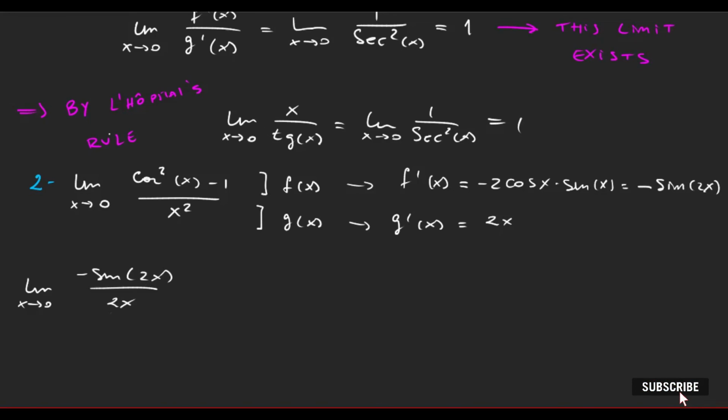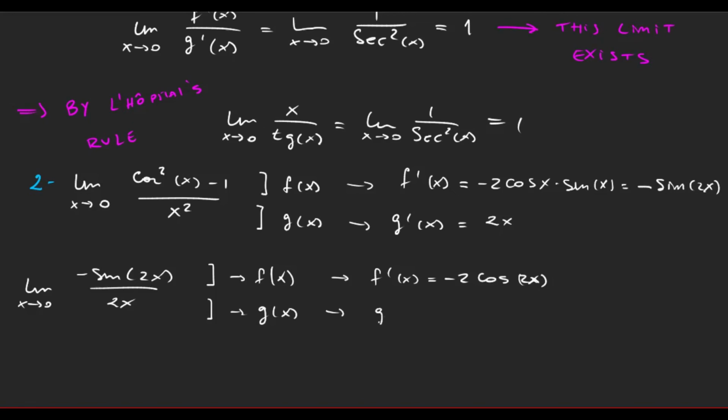So what do we do? Well, we can try to use L'Hopital's rule again, and we say now this function will be my f of x and this other function will be my g of x. So now f prime in x is going to be minus 2 cosine of 2x, and g prime is just going to be 2.